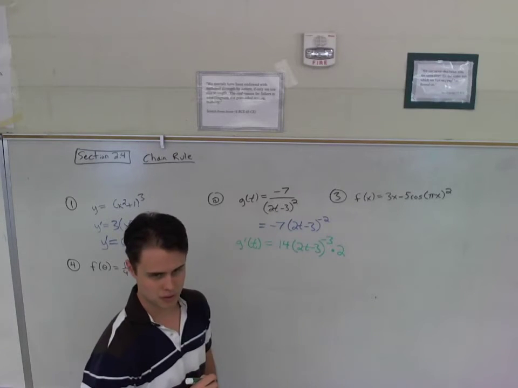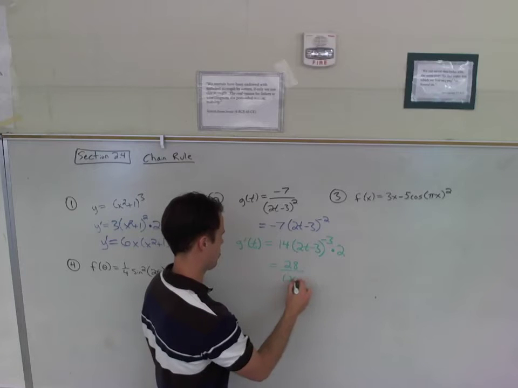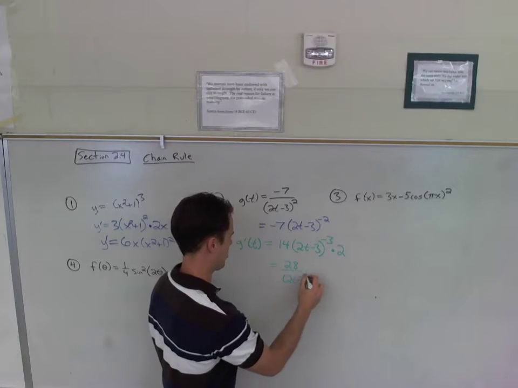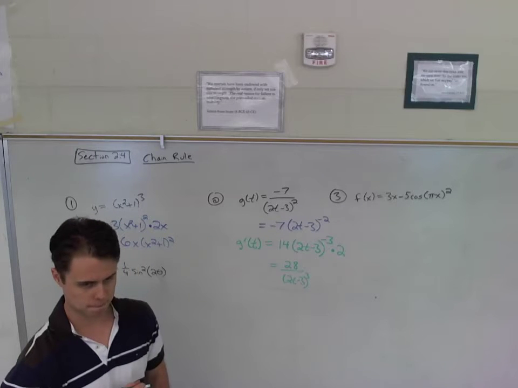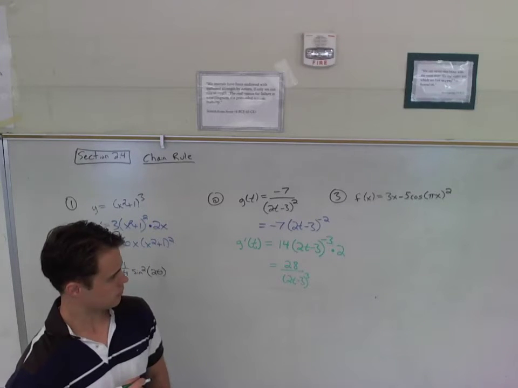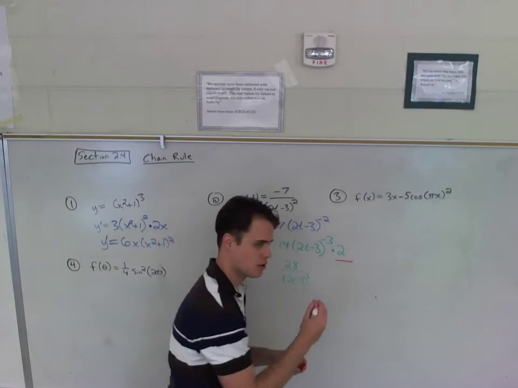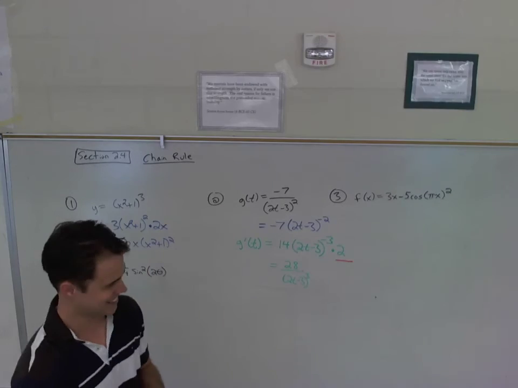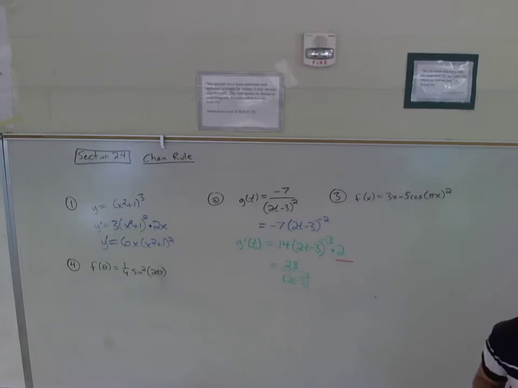So that is 28 over the cube root of 2t minus 3, cubed. Do we agree with that? Are we going to forget this too? Probably at some point. Try not to. I don't think you'll forget it nearly as much as some others.